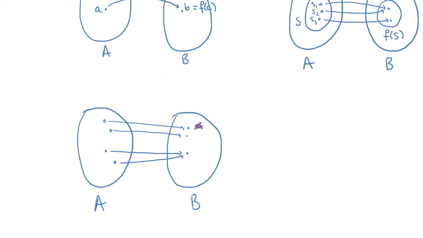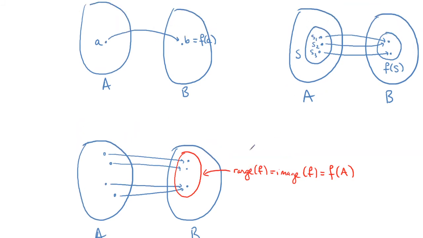So this collection right here, this is the range of f, also called the image of f, and you could also write it as f of A, because you're effectively doing the same thing that you did up here. You're just doing the entire set. If S was all of A, the picture would look like this instead.